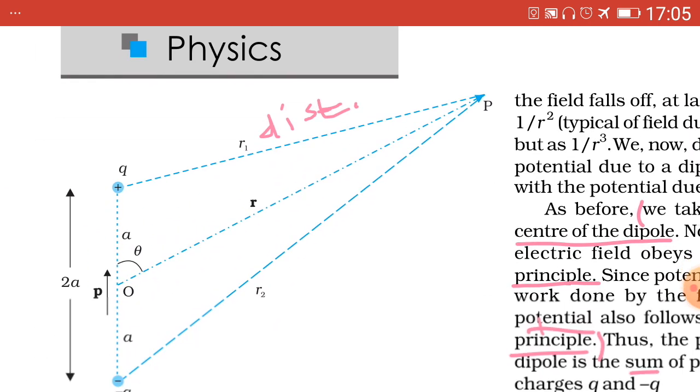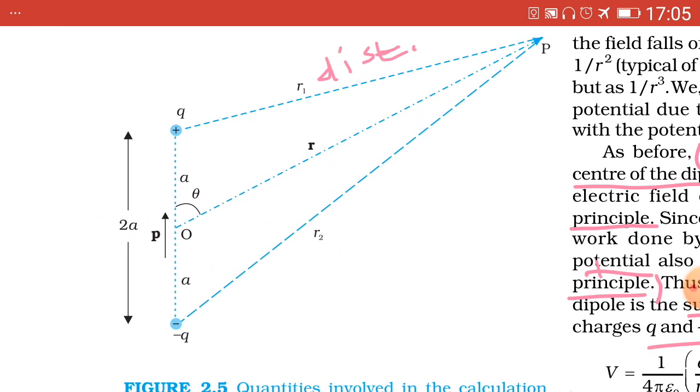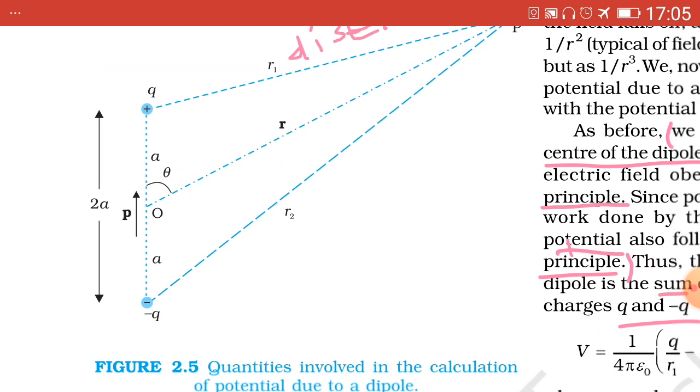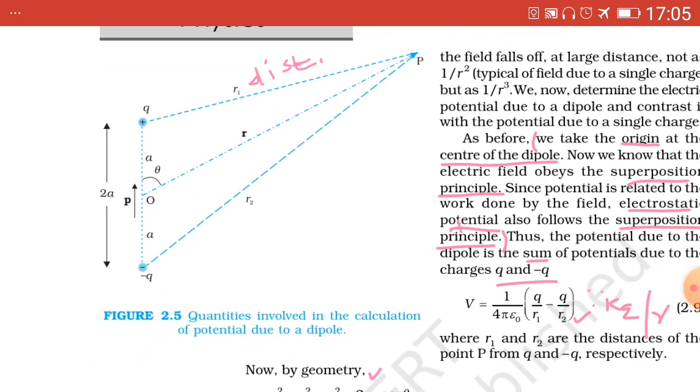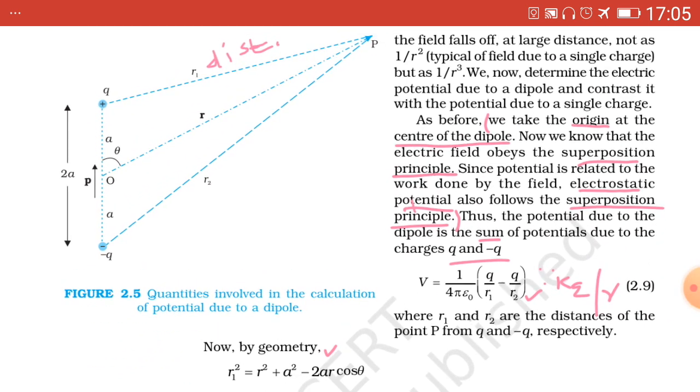Now we obtain this potential with the help of figure 2.5 given beside, which is necessary. Here we take the origin at the center of the dipole.